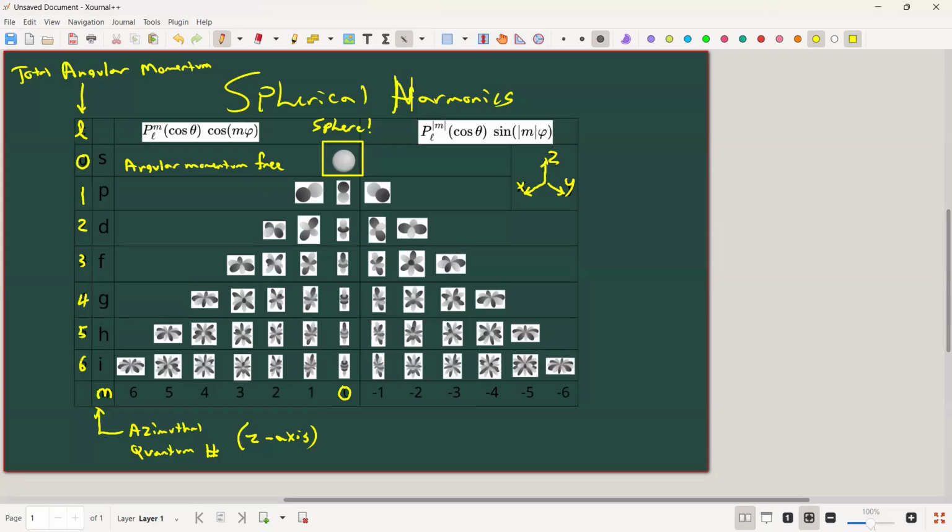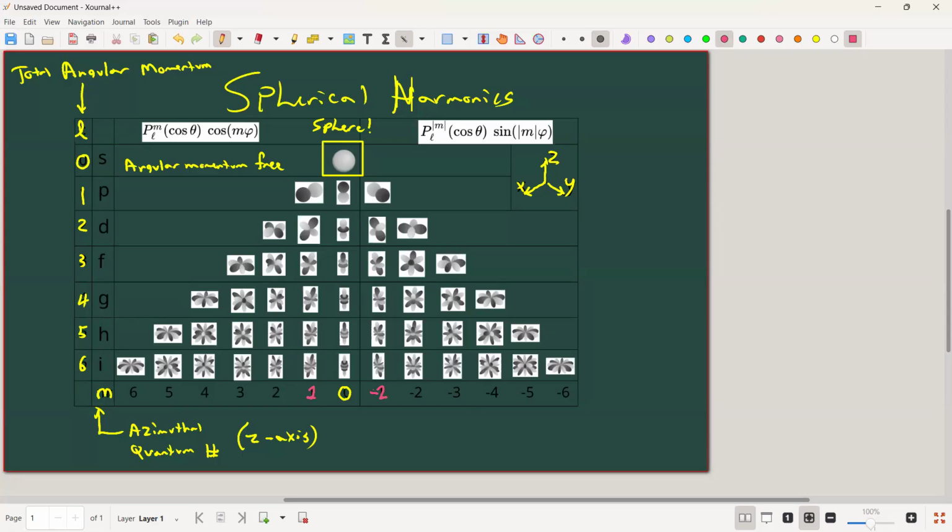Now let's go to L equals 1. Now we've given our system 1 unit of angular momentum, and we see we have 3 different solutions: one for m equals 0, one for plus 1, and one for minus 1. We can see that these aren't exactly spherical anymore. They kind of have a peanut shape. What does that say?